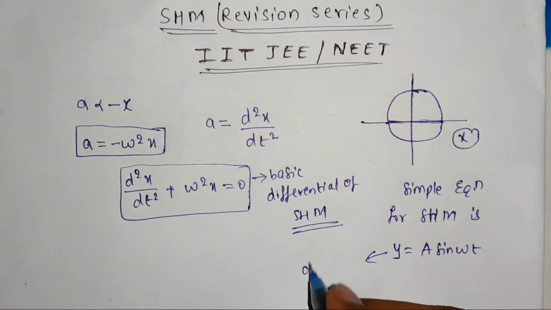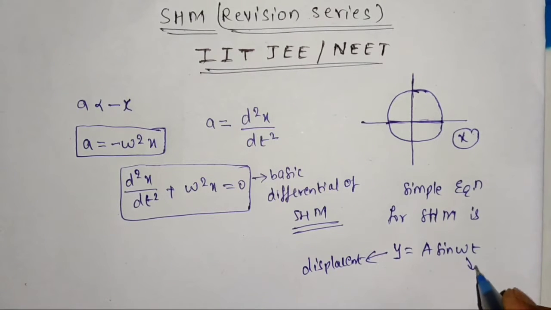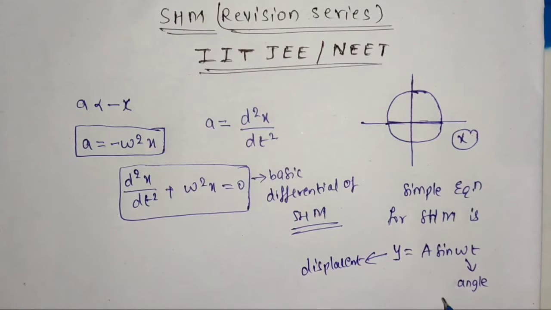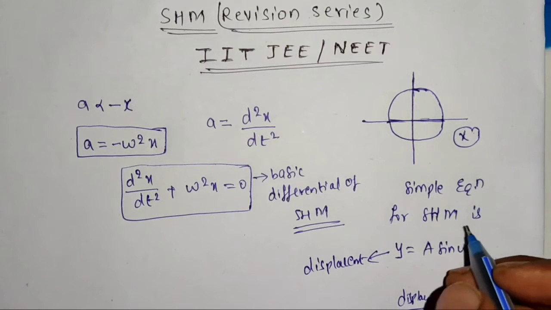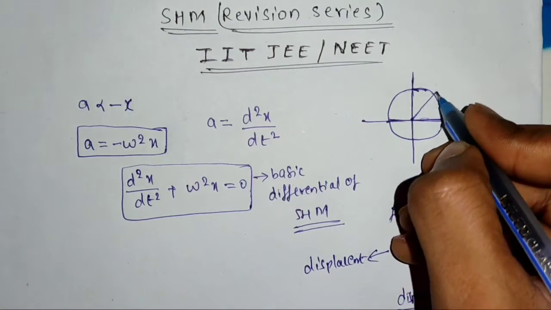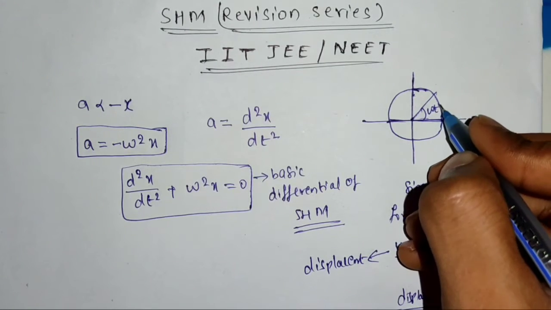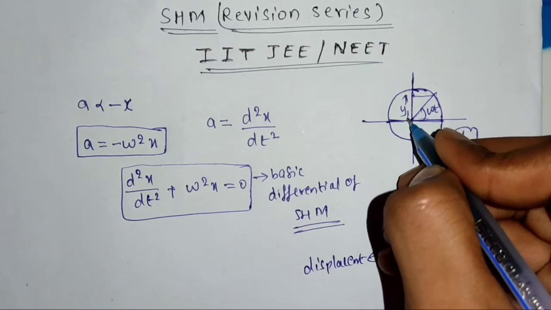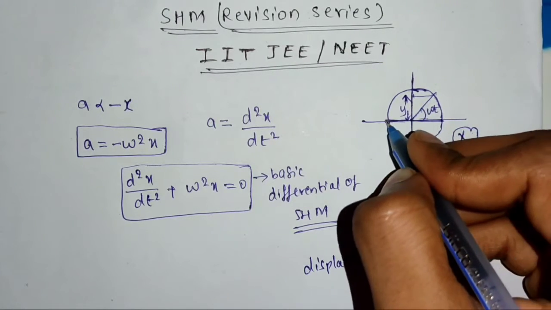Here y is displacement. This is the angle which is displaced, this is ωt. After rotating by ωt on the circumference of the circle, it displaces a distance y along the y-axis.